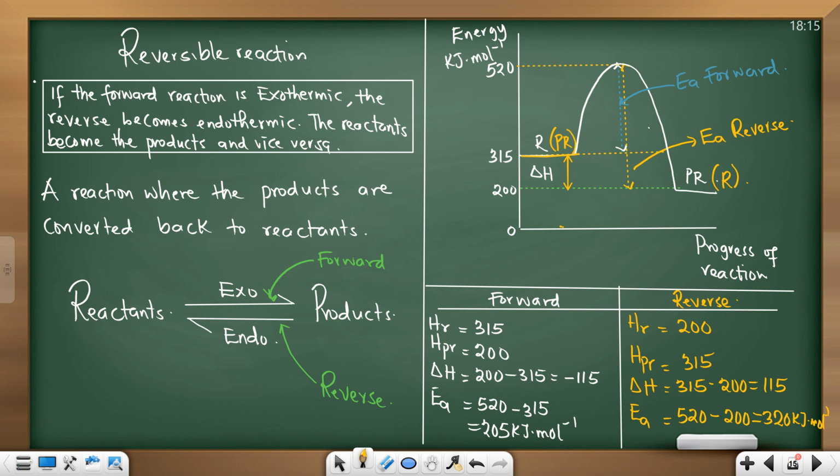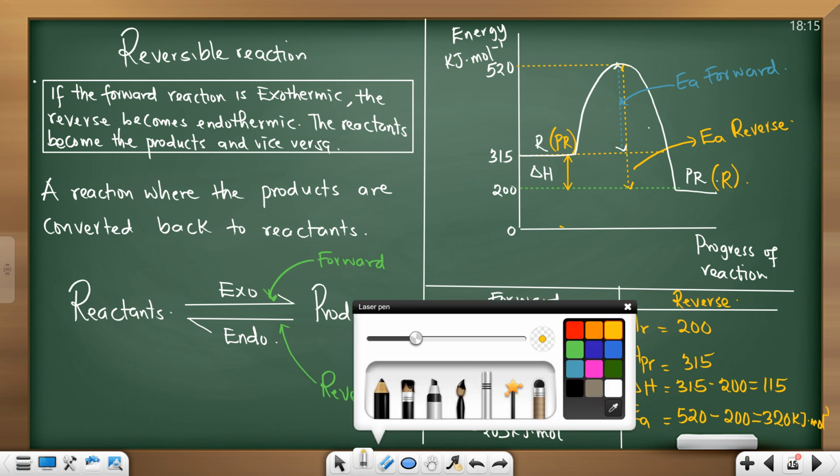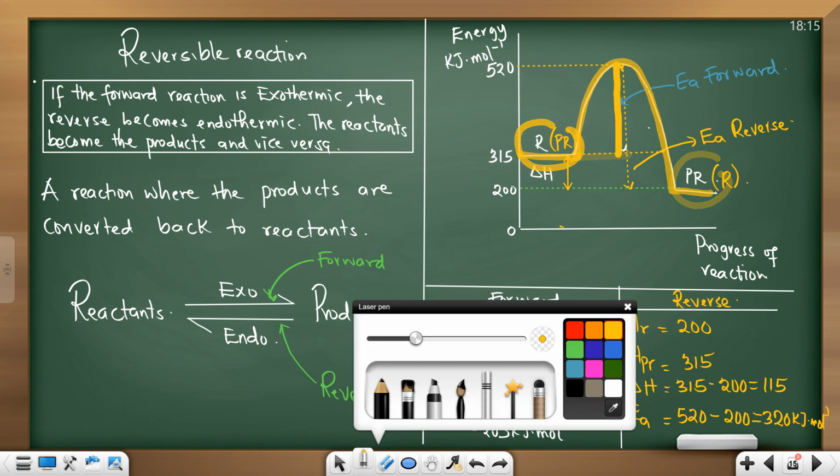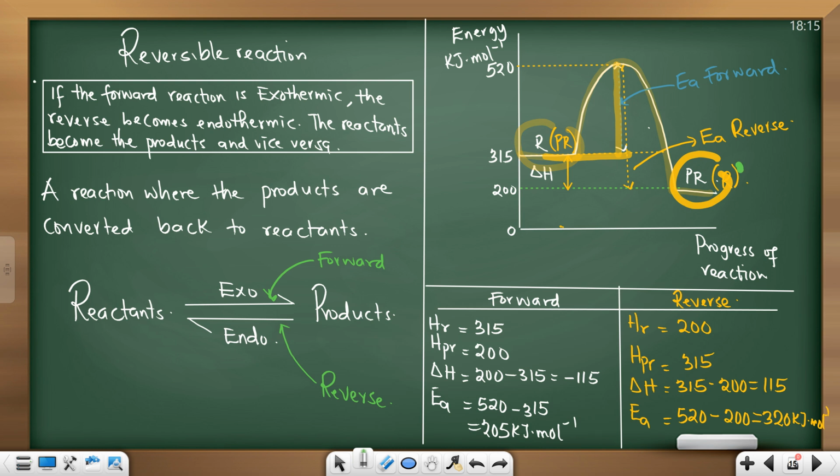If I look at the forward reaction, anytime I'm measuring my activation energy, it must be from the top to where the reactant is. Now, if I reverse the whole thing, what happens? This becomes my reactant, and this becomes my product. Where's my activation energy? From the top to that point. Because you must measure it to where the reactant is.